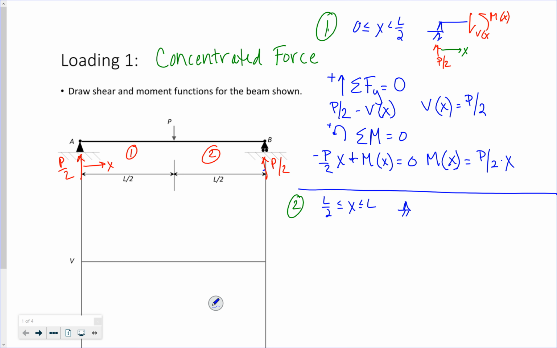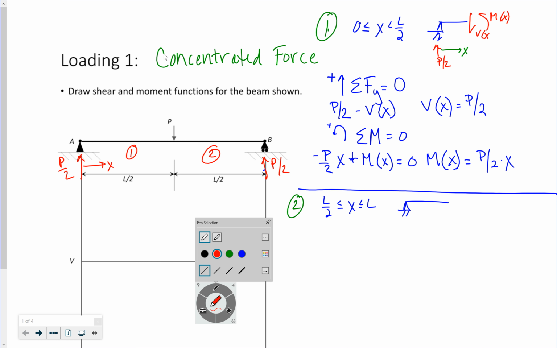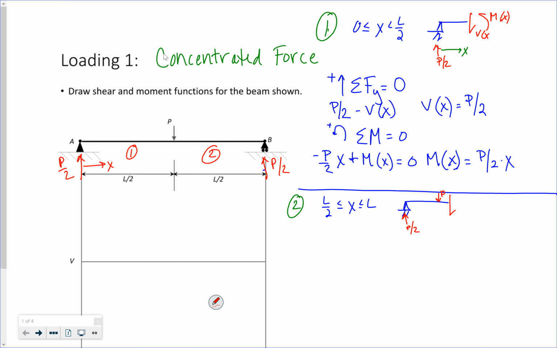Now my beam looks like it's got P over 2 and a P. It's got a shear function and a moment function.